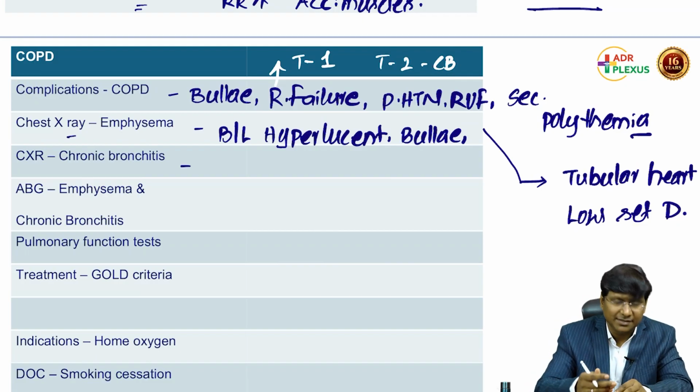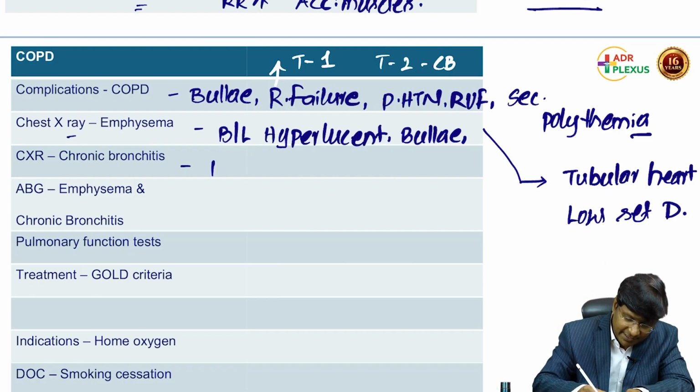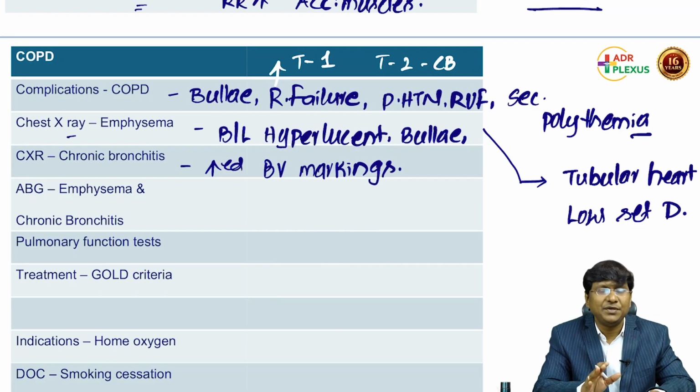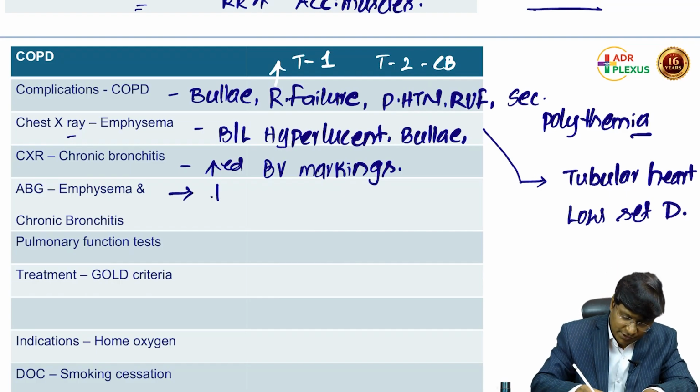Then if you take the chest x-ray in patients with chronic bronchitis, you have increased bronchovascular markings, right? Then when you do an ABG in patients with emphysema, I said these patients will have type 1 respiratory failure, so they will have hypoxia, and carbon dioxide levels may remain normal or decreased.